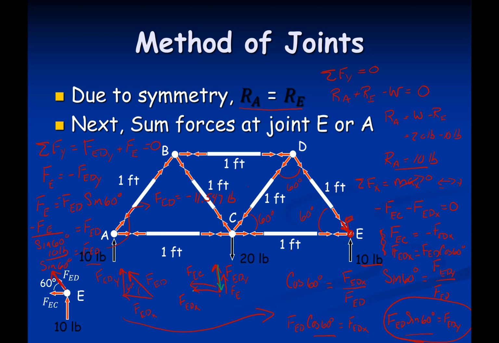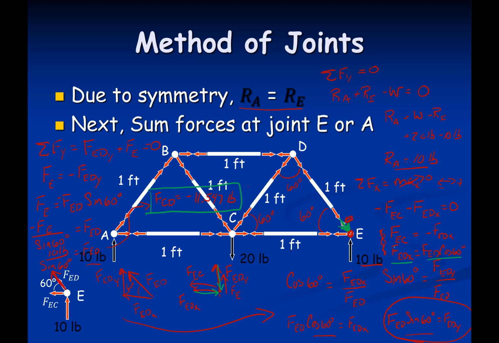The same thing is true if that's a compressive force, then over here, that means FDX is going to point that way. So once I know FED, I can use that times the cosine of 60 to give me FED in the x direction.